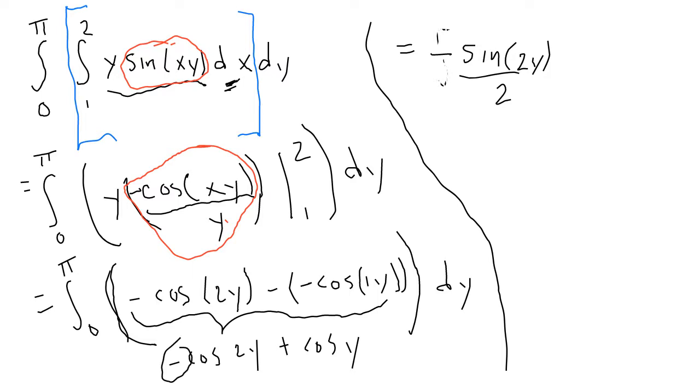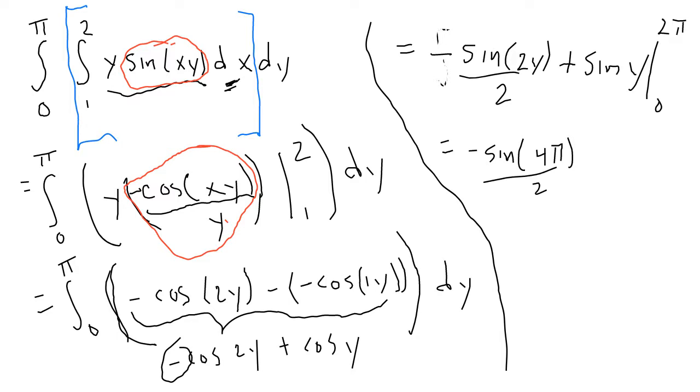And then we have plus the sine of y, from 0 to 2 pi. And this is going to equal then negative the sine of 4 pi, because 2 times 2 pi is 4 pi, over 2, plus the sine of 2 pi, minus just pi. Thank you, Robin. That's right.